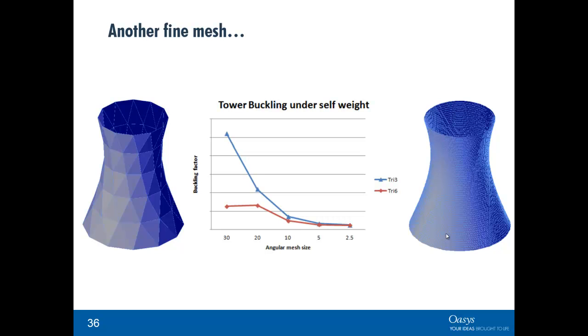With very low mesh density, the results are very unreliable. Increasing the mesh density means you're getting a much better result, and you can see also the difference between the linear and the parabolic elements are coming together. And when we get to 5 degrees to 2.5 degrees, there's not much improvement between the two models. So 5 degrees in this case is probably a sufficiently fine mesh.